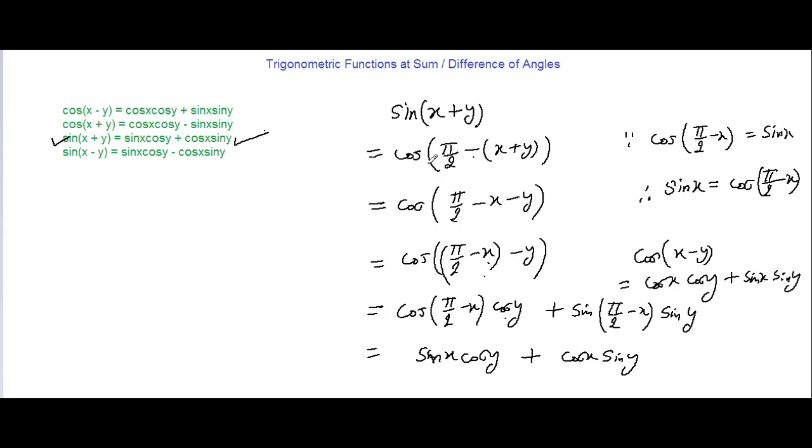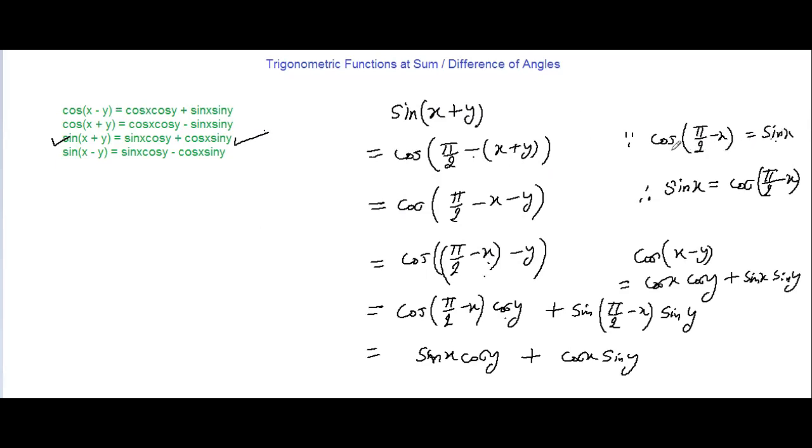Sir, why have we taken the minus outside the bracket in the first step? Because we use the complementary angle formula, I explained. We want to find sine of something, but we know only cos of something yet. So we want to change sine into cos. The complementary angle formula helps to do that.